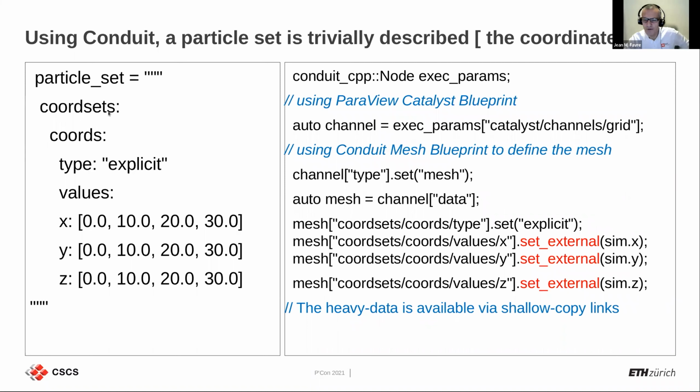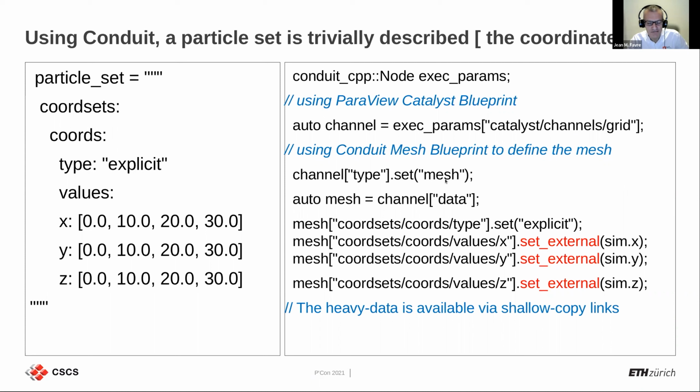The C++ code, which I used for the ParaView interface, has the following parameters. Here again, the description of the channel, the input channel, referenced by the keyword grid.